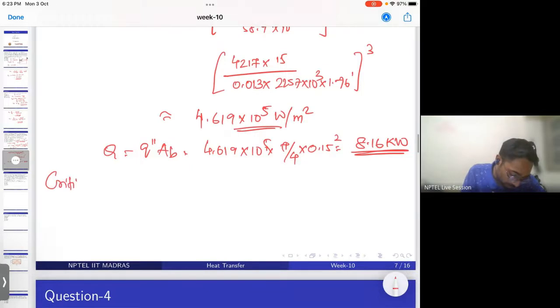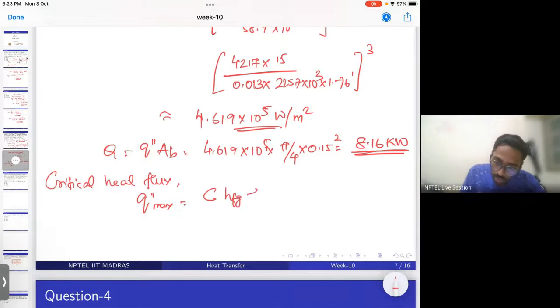For critical heat flux also there is a correlation, a direct formula you can just substitute, that is q max is equal to C hfg rho V, sigma g, rho L minus rho V divided by rho V squared, all raised to 1 by 4.